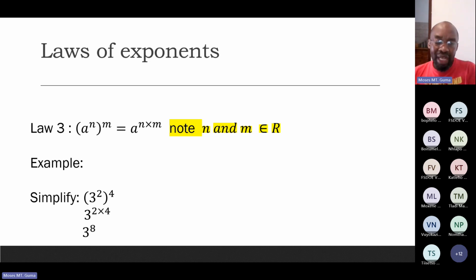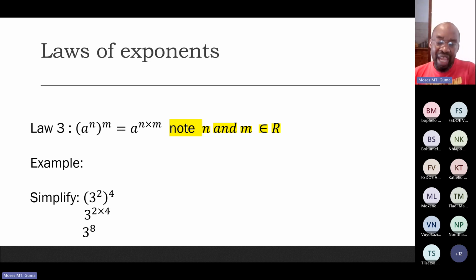Moving on, what if I have different base raised to the same exponent? Now, in that case, be very careful. It is a to power 1 here, b to power 1. Now, going back to the previous law, law number 3, if I've got a to power 1 times b to power 1, all raised to power m, it means now I would have to multiply the exponent of base a with exponent m.